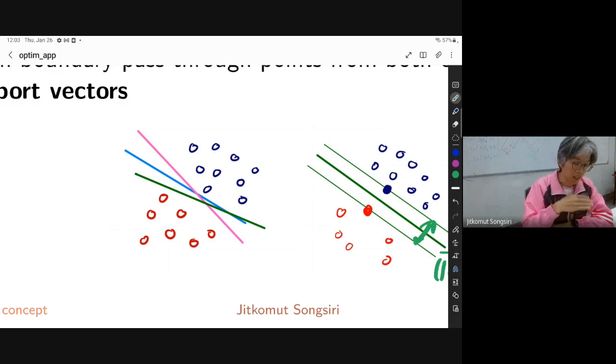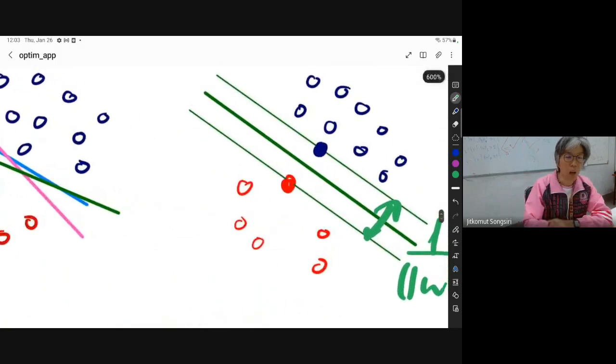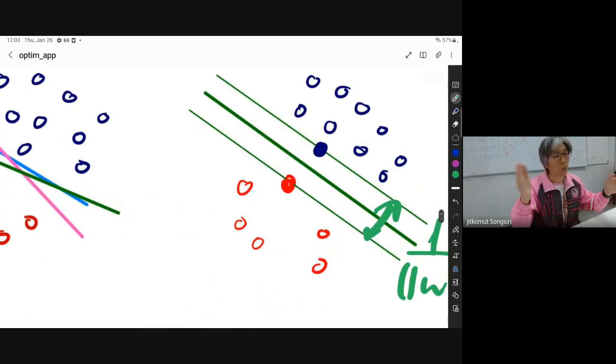But again, if you want the classifier to have some optimal sense, then you have to define what that optimal sense would be. And here, I want to enlarge the margin. I want to separate the two data with the maximum margin I can.